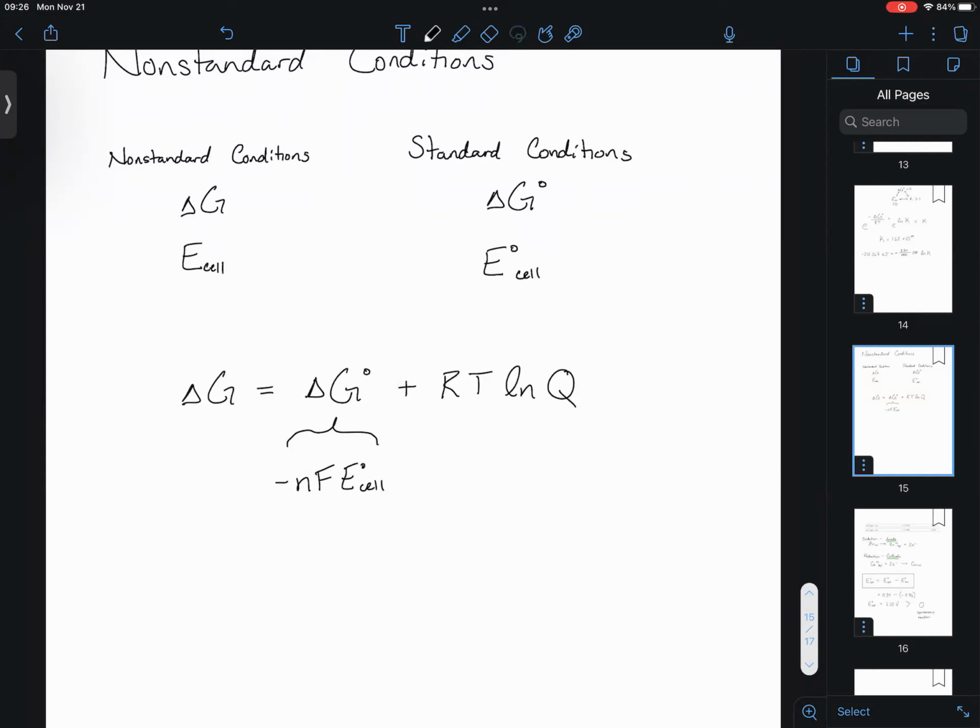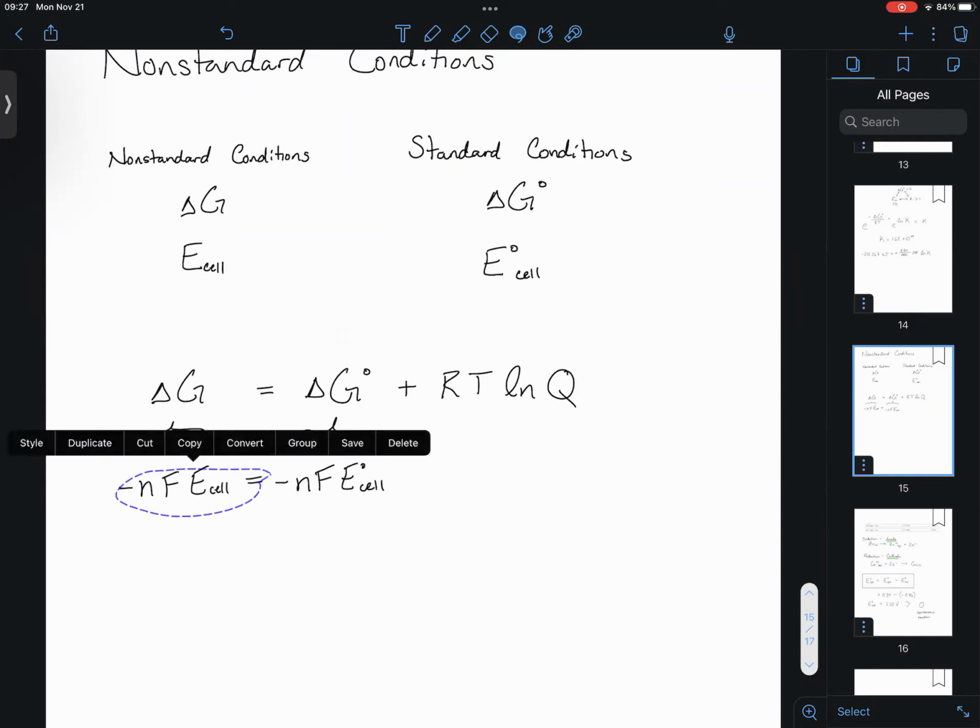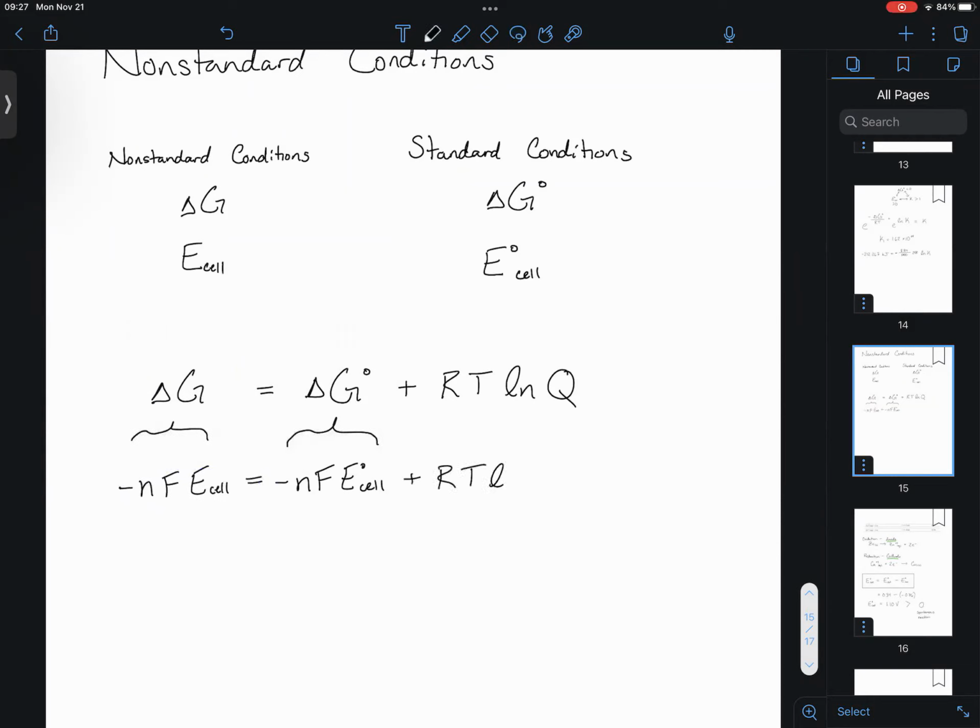So what we're going to do is just plug in an analogous quantity for our delta G, where this is equal to negative NFE cell, plus, and then we still have our natural log of Q, right?